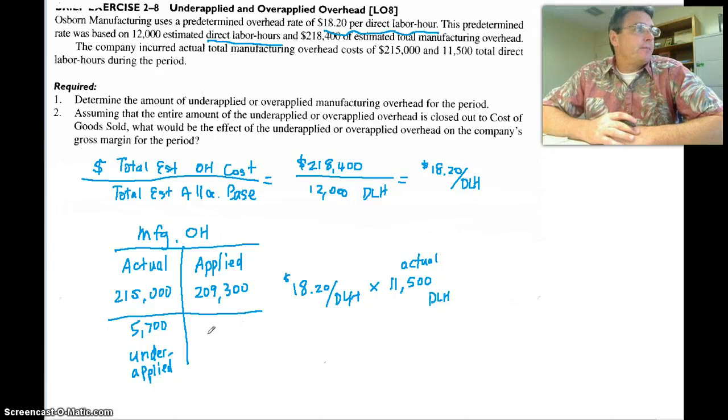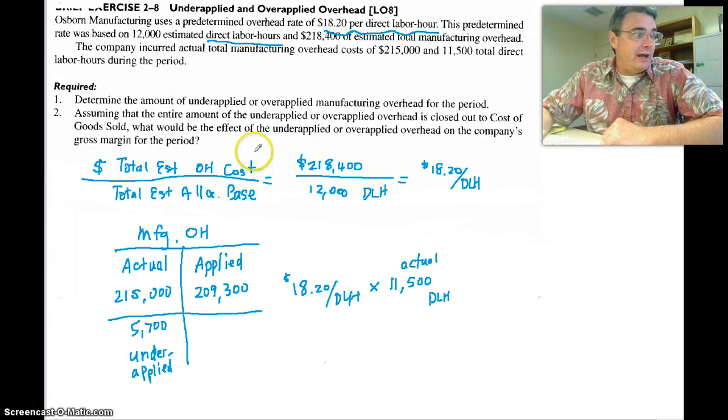Part 2. Assuming that the entire amount of the underapplied or overapplied overhead is closed out to cost of goods sold. Do you know what that means? Remember, this account, manufacturing overhead, is not a typical account. It's a suspense account, a temporary account.